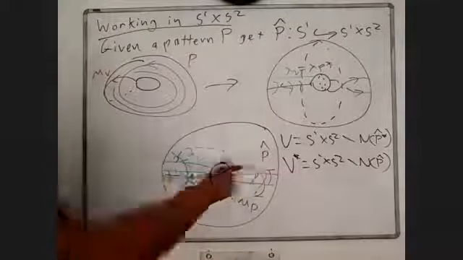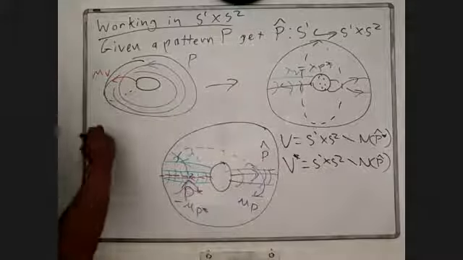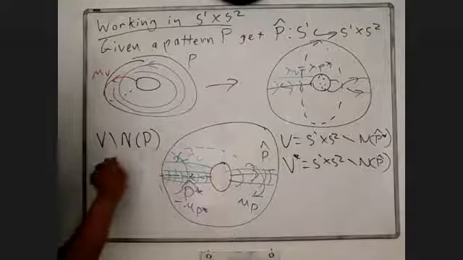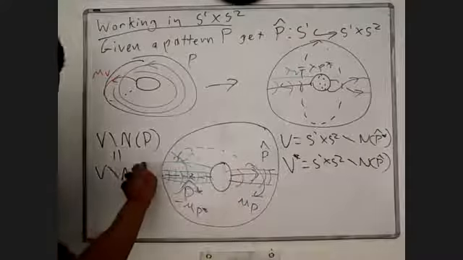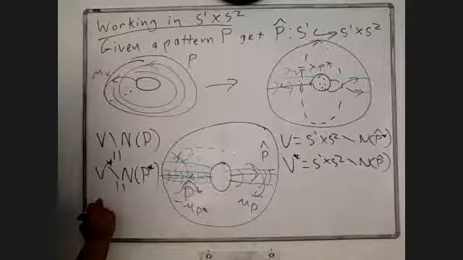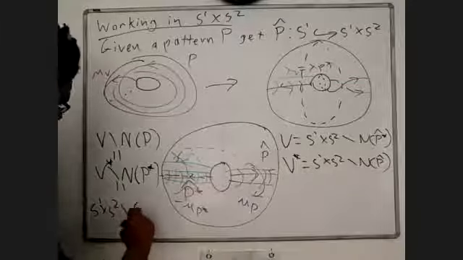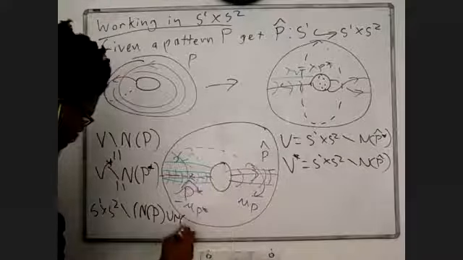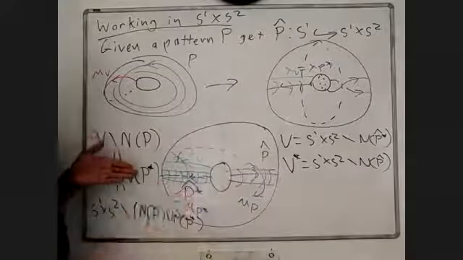And now the identification of the two complements is real easy because this guy is literally the same as this guy, which is just S1 cross S2 where you remove both neighborhoods. So in this picture, you drill out both neighborhoods and you get both complements.